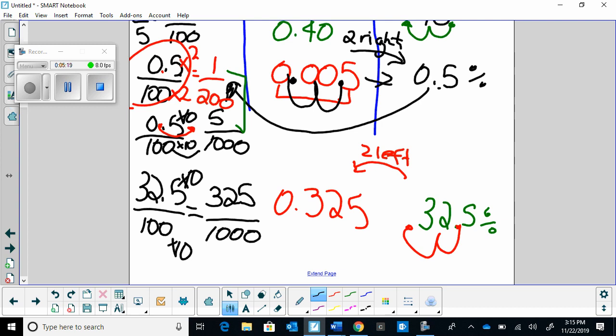They mean the exact same thing, but what we wanted to do is get rid of this pesky decimal in the fraction. So we multiply instead of dividing, because we're not reducing. We're just trying to create an equivalent fraction that doesn't have a decimal. And then from here, I could technically reduce this fraction even further.